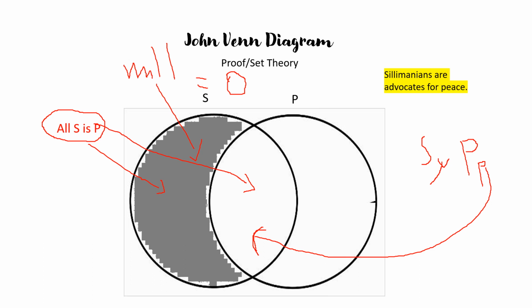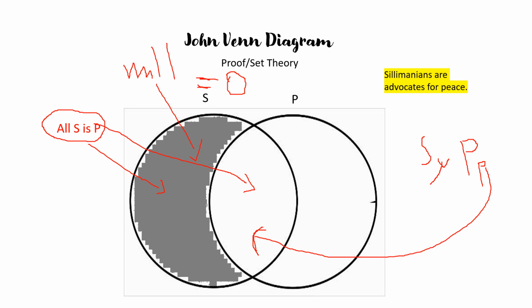Now the null portion here, or the null region of the diagram, is the non-membership. In other words, by no means can a Suleimanian exist outside the P class.